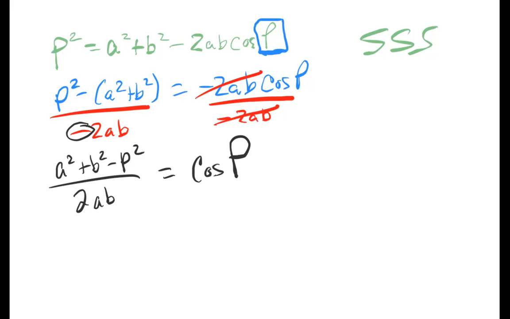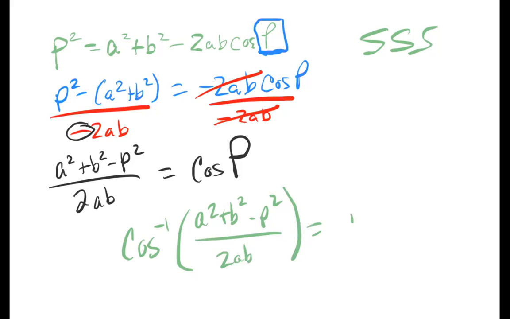So when all said and done, cosine inverse of A squared plus B squared minus P squared over 2AB should be angle P. So this is what I call the alternate form of the law of cosines that's used to find an angle.